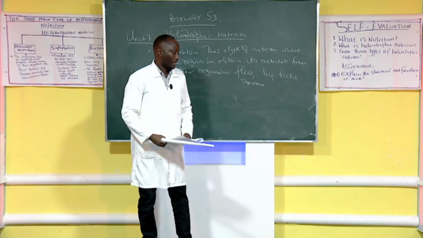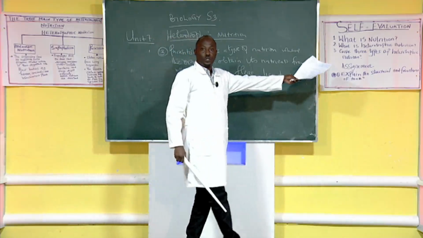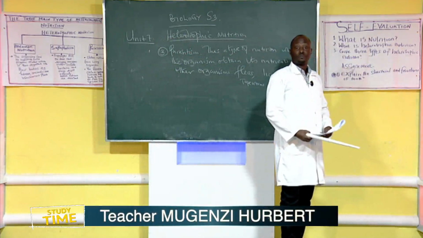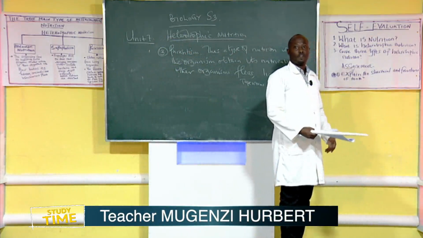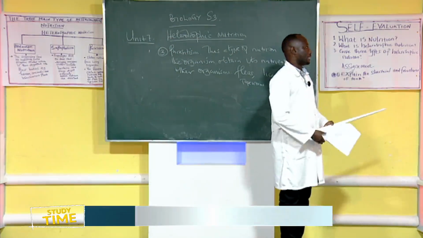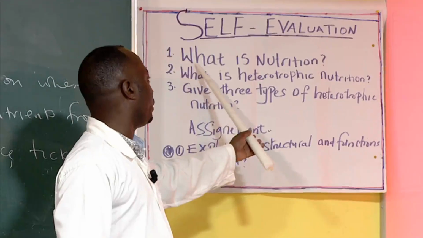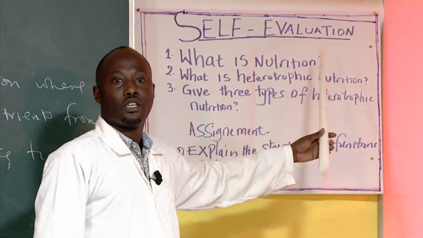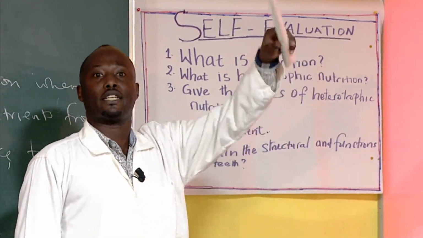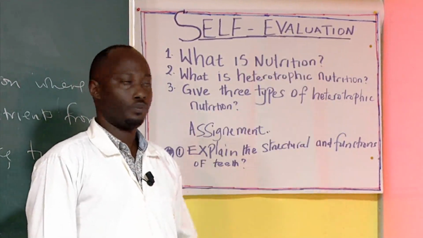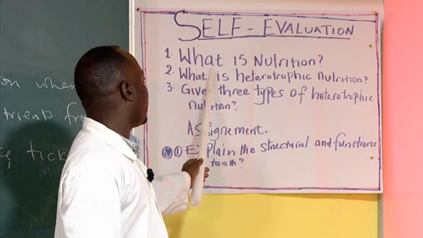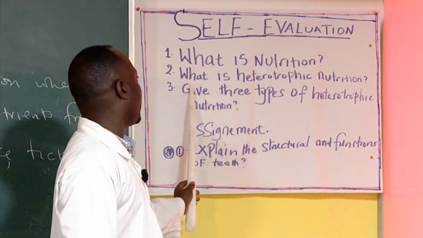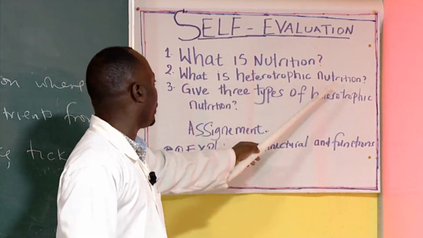Students, let us go to the self-evaluation. We are going to do it at the start of the next lesson on TV. This is the exercise you're going to do. Number 1, what is nutrition? Second, what is heterotrophic nutrition?